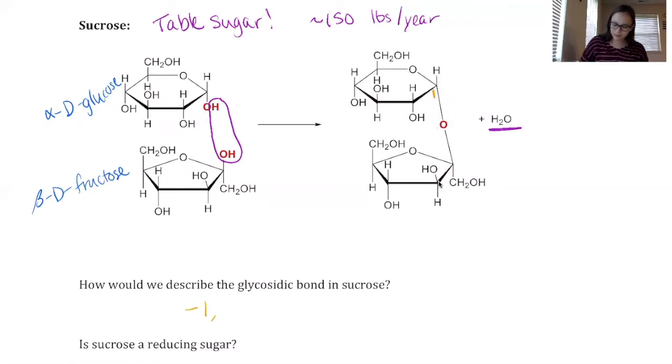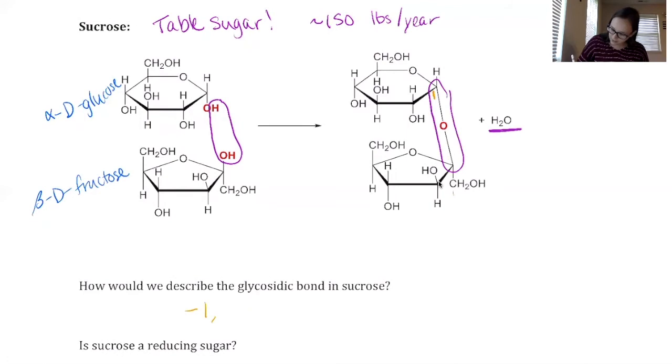Oh no, I lied. This is carbon number 1 because we have a ketose instead of an aldose. So we actually have a 1-2 linkage here.